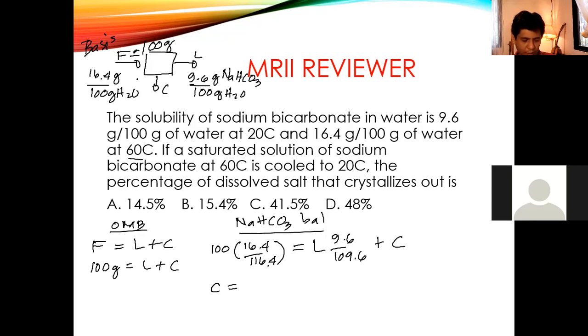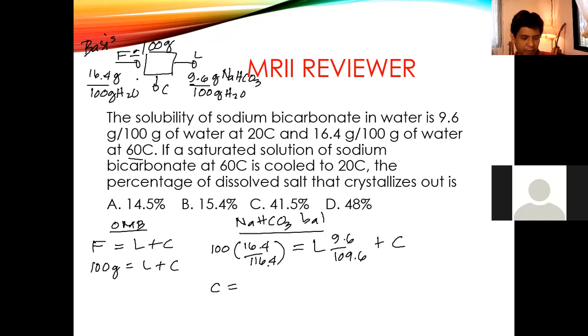Go to equations, then simultaneous, two unknowns. The first one is 1, 1, then 100. I hope you know how to use the two-equation mode on the calculator. Then 9.6 divided by 109.6. Okay, C is 1. And at the end, 100 times 16.4 divided by 116.4.